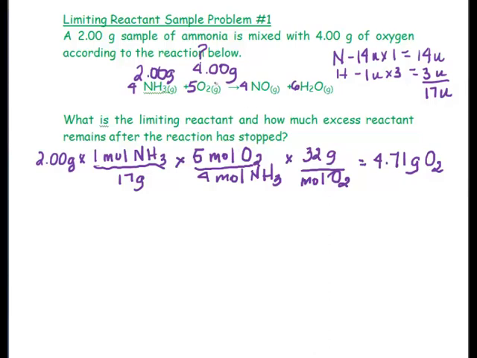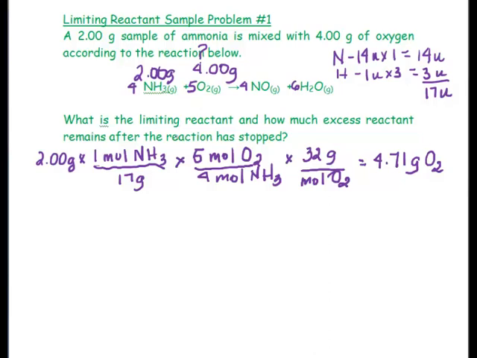Interestingly, notice I actually started with more oxygen, 4.00 grams. Okay? So just because there's less ammonia, that doesn't guarantee that it's going to be the limiting reactant. There are other things that come into play, namely molecular masses and mole ratios.